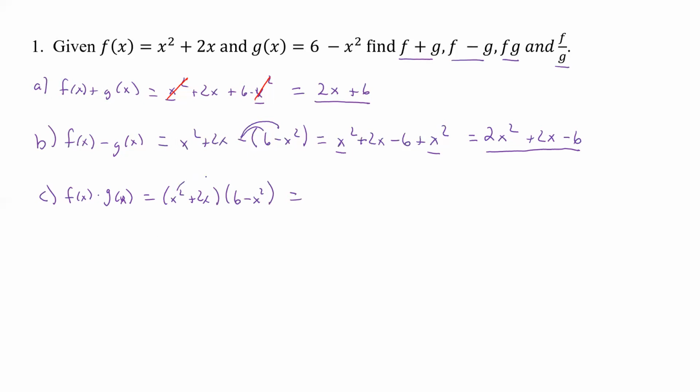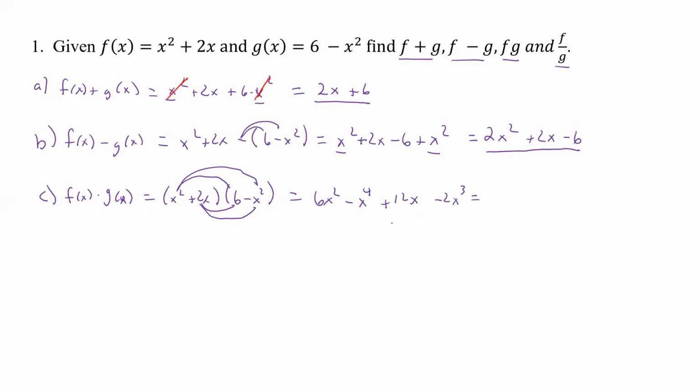So we're going to take that times that, that times that, that times that, and that times that. So x squared times 6 is 6x squared. And then x squared times the negative x squared is a negative x to the fourth. And then this times that is going to be plus 12x. And this times this is going to be a minus 2x cubed.